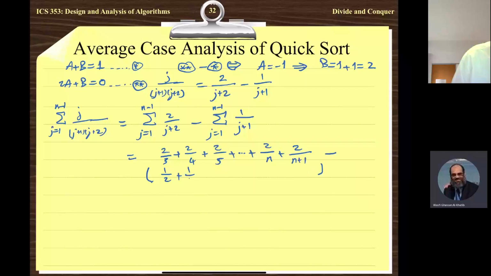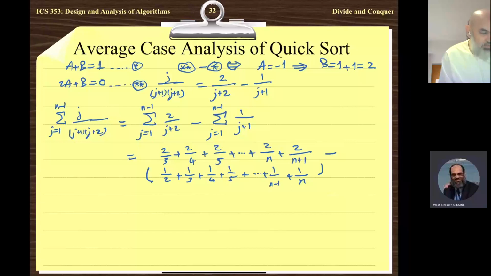So 1 over 2 plus 1 over 3 plus 1 over 4 plus 1 over 5 all the way. Again, let me write the last two terms. The last term is 1 over n minus 1 plus 1, which is n. So 1 over n, so plus 1 over n minus 1 plus 1 over n.